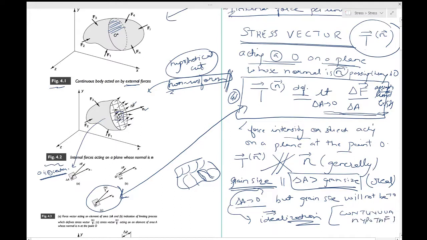What does the continuum hypothesis do? It ignores the granular structure and crystals in a material. It ignores these grains and grain boundaries in a solid and treats it like one continuous solid.